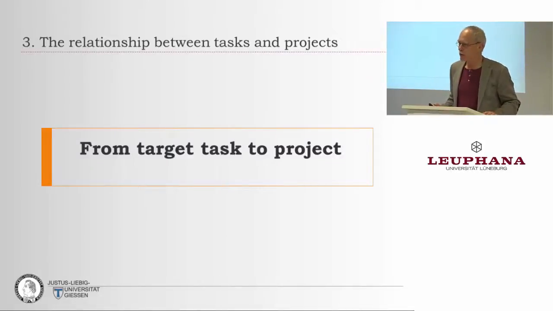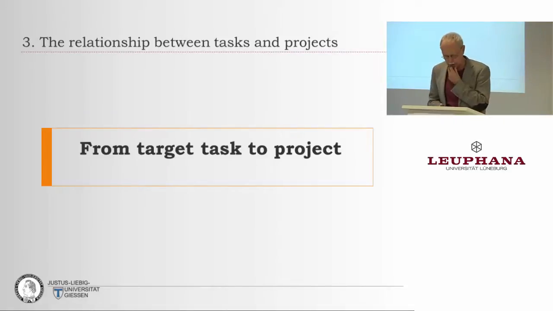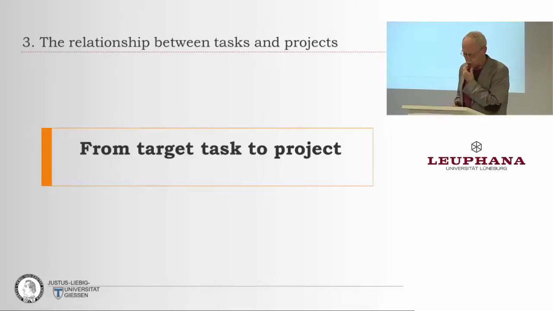Let's take the next step. Let us return once again to the concept of target task in connection with the notion of backward planning. Projects, I would argue, are not more than collections of task sequences structured by one or more target tasks.